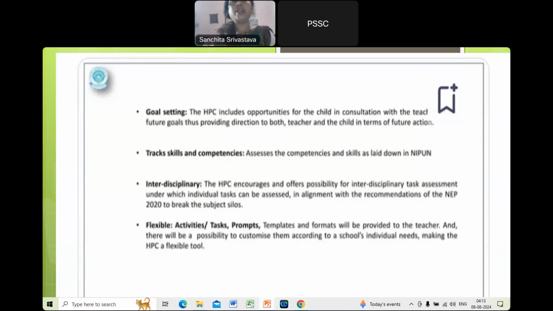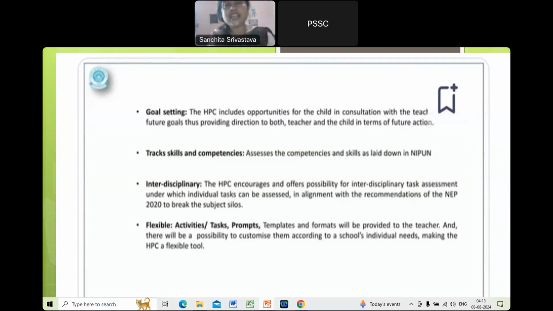Now you see, what are the goal settings? Some achievable goals are to be set when we are talking of the holistic progress card. The holistic progress card includes opportunities for a child, in consultation with the teachers, to set future goals, providing direction to both teacher and the child in terms of future action.